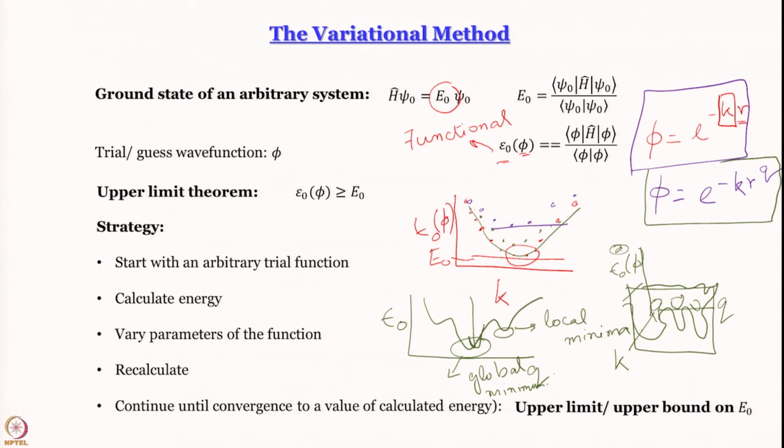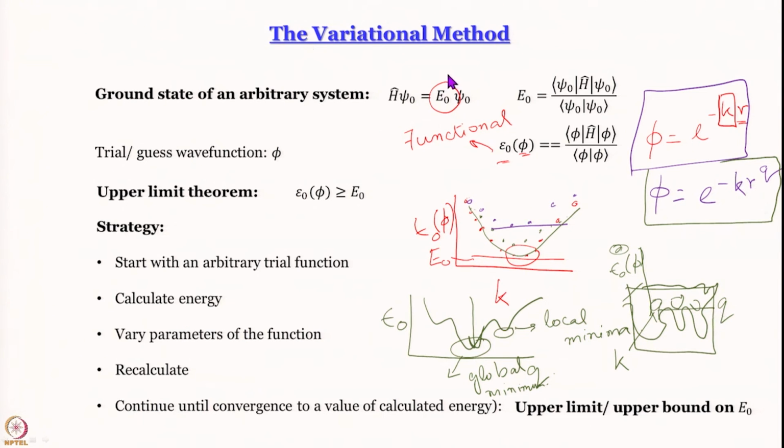Okay. But right now where we have reached is this. This here is the strategy that we start with some arbitrary function which will be associated with one or more parameters. For some particular value or values of these parameters, you calculate the energy, then you play around with the parameters, you vary them.